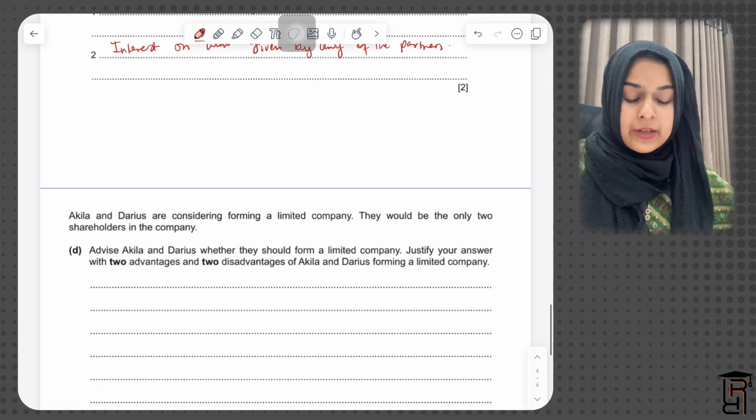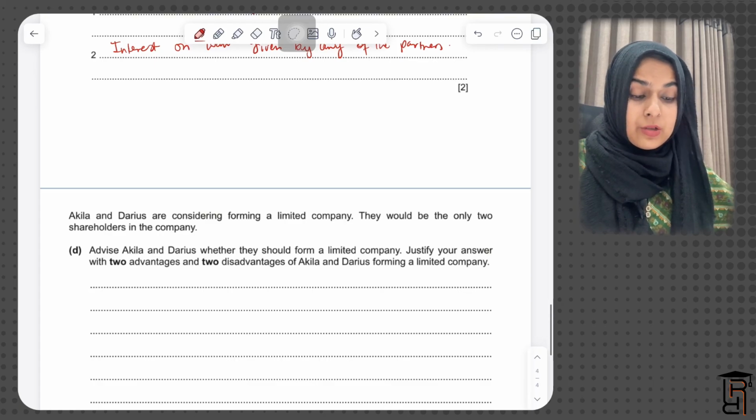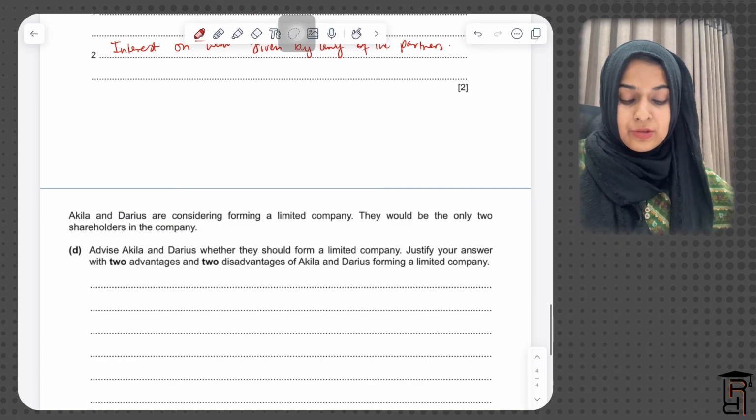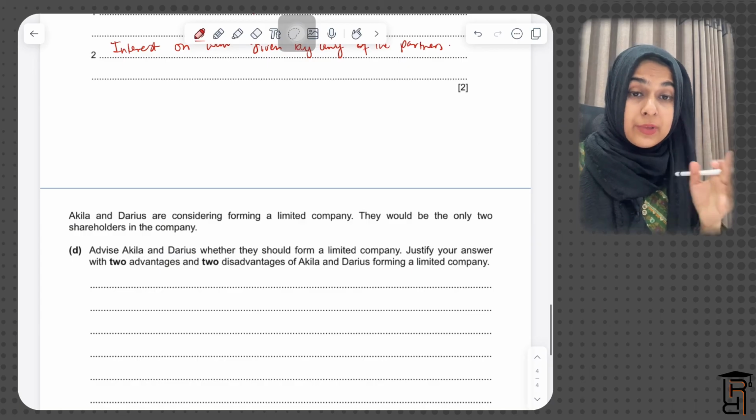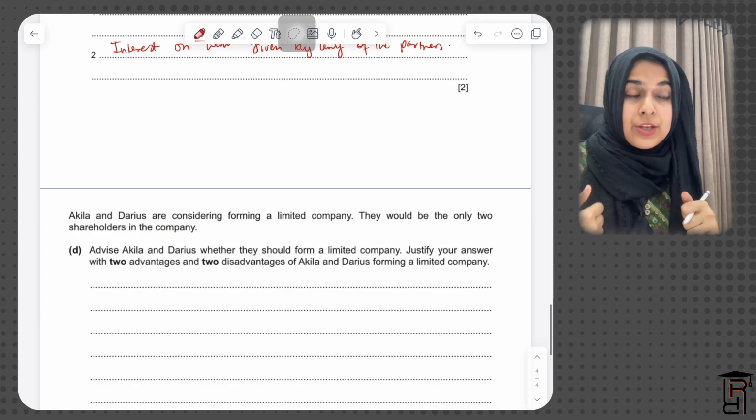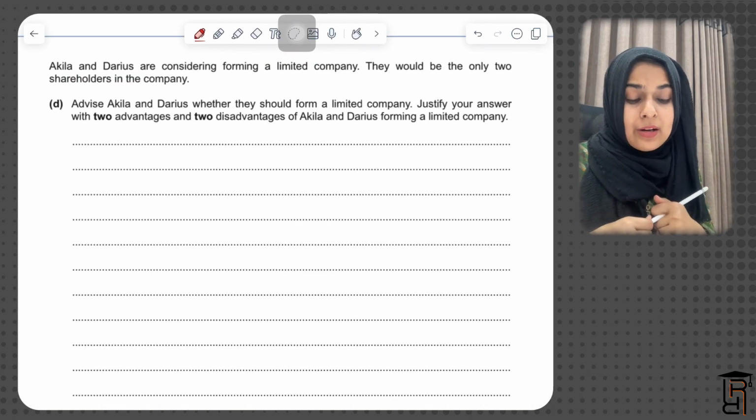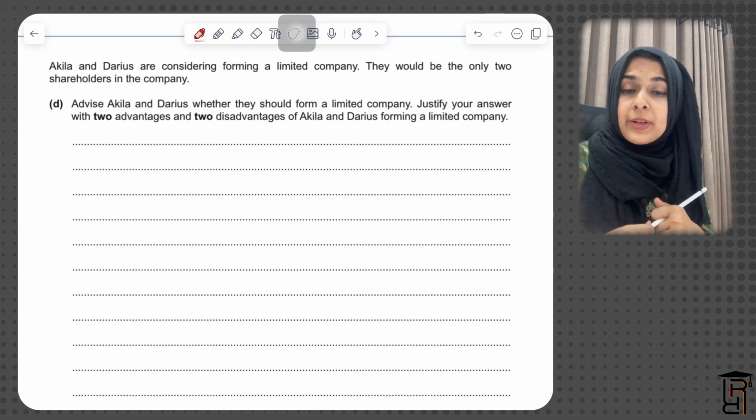Okay, in the last part they are saying Akila and Darius are considering forming a limited company. They would be the only two shareholders in the company, so they want to become a limited company. So what are the advantages and disadvantages of Akila and Darius forming a limited company?